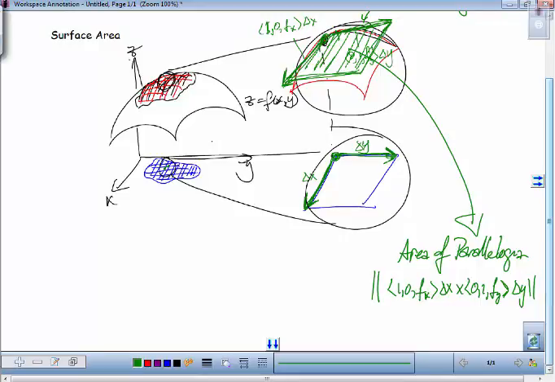So we've crossed this before, and it turned out to be, whichever way we cross it, either fx, fy, and -1, or negative fx, negative fy, and 1.